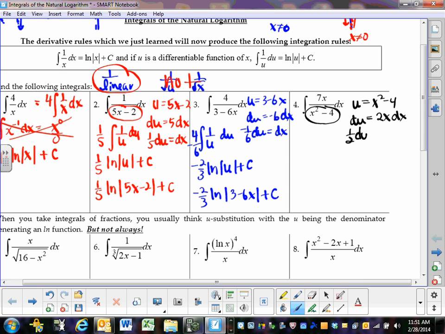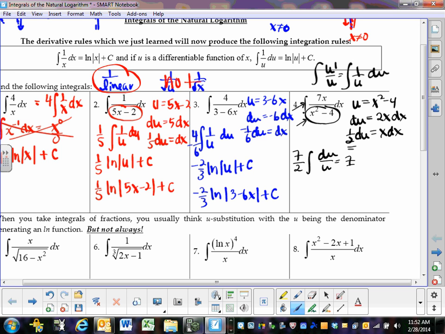For number 4, our u is going to be x squared minus 4. Our du is 2x dx. So I have 1/2 du to replace x dx. Notice this wasn't initially a linear on the bottom, but it does fit the pattern of having u prime over u, or 1 over u du, because the power on the bottom is higher than the power on the top.